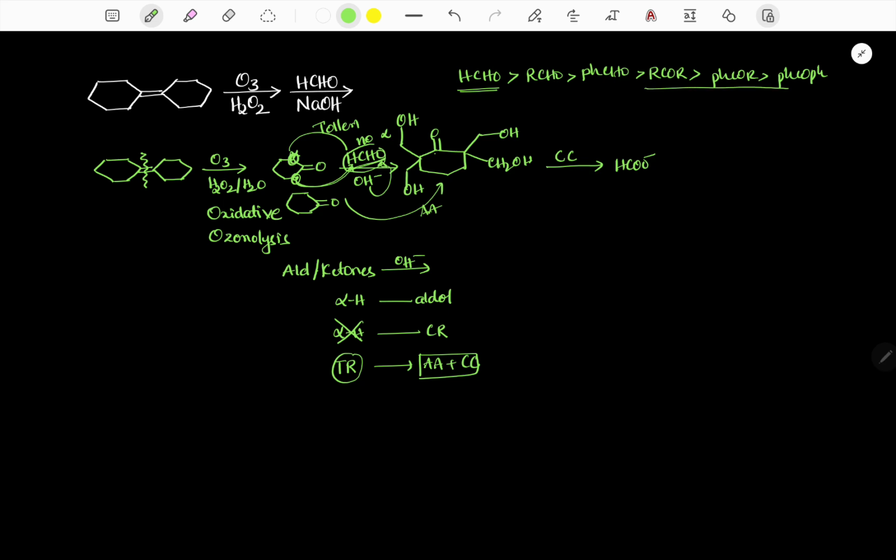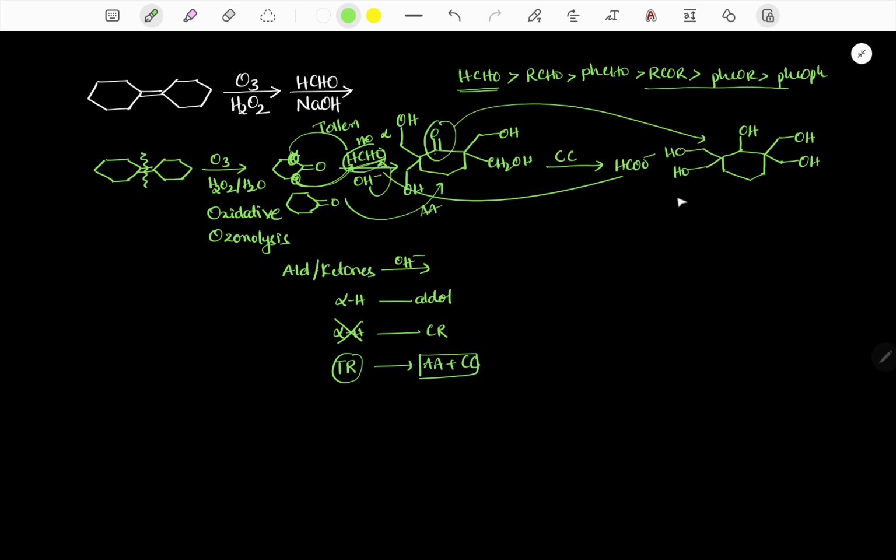Therefore, here OH- attacks the formaldehyde, formaldehyde undergoes oxidation, and the keto group will be reduced. So it is a crossed Cannizzaro. Aldol addition plus crossed Cannizzaro is the overall Tollens reaction.